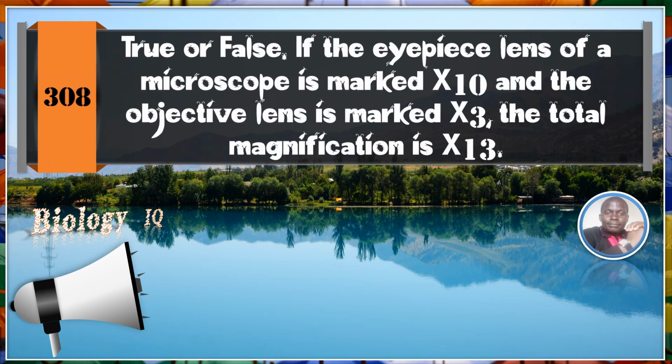True or false? If the eyepiece lens of a microscope is marked 10 and the objective lens is marked 3, the total magnification is 13.